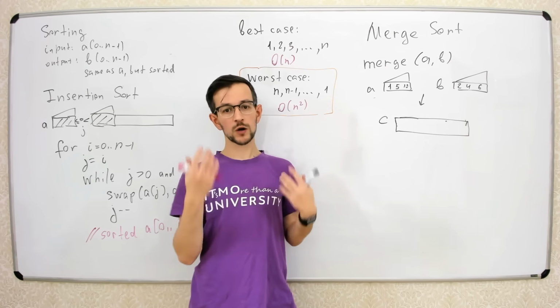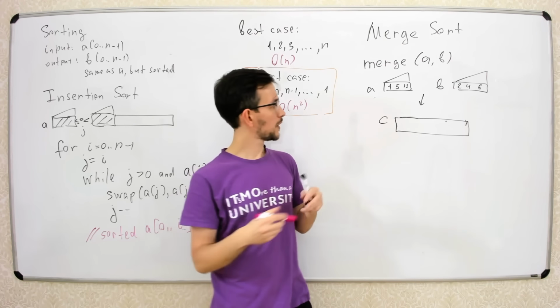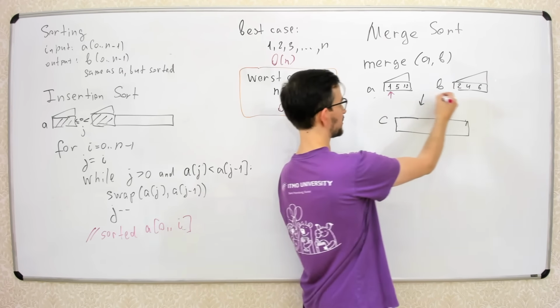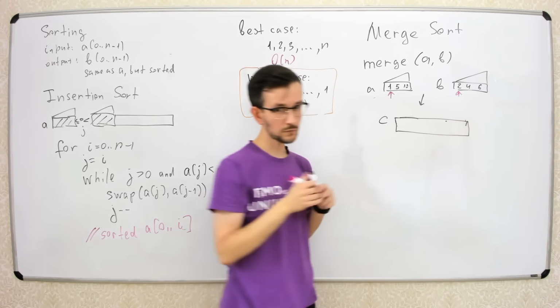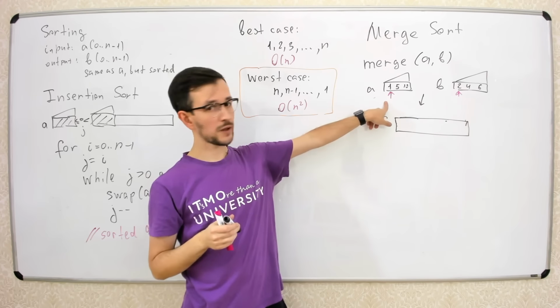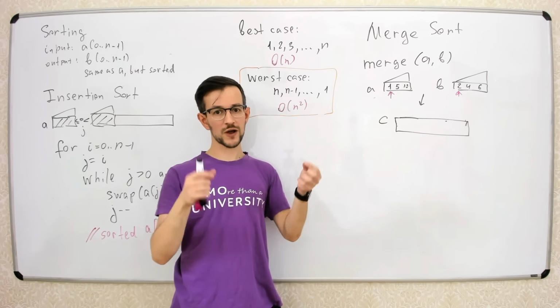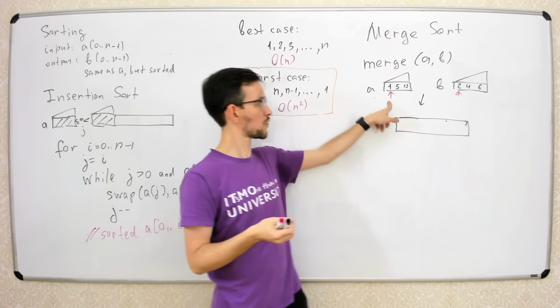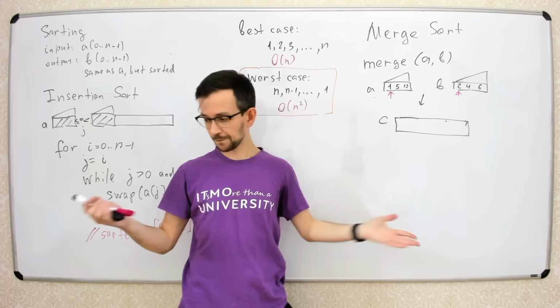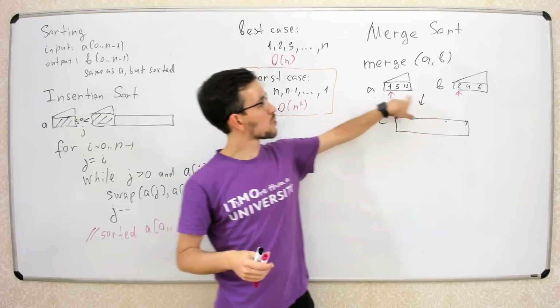So how can we find the minimal element? The minimal element is either this element or this element. This is the minimal element in the first array, and this is the minimal element in the second array. If you want to find the minimal element in both arrays, you take the minimum of these two elements.